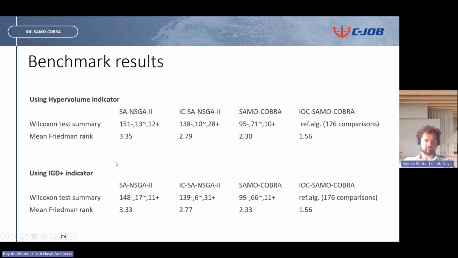Based on the benchmark results, we can see that based on the hypervolume indicator and the IGD plus indicator, the IOC Sama-Cobra algorithm usually gets the highest rank according to the Friedman rank test. And according to the Wilcoxon rank test, you can also see that the IOC Sama-Cobra usually outperforms the other algorithms.